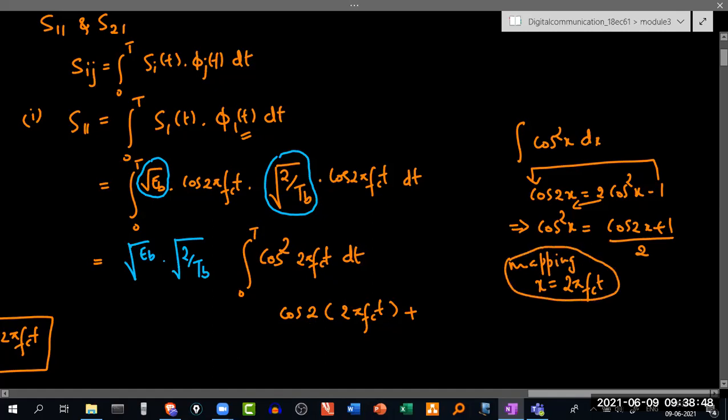By mapping this x onto this value, I'm trying to rewrite this equation, that is cos square 2 pi FCT, in terms of cos 2 times 2 pi FCT plus 1 whole divided by 2, integration 0 to T dt.